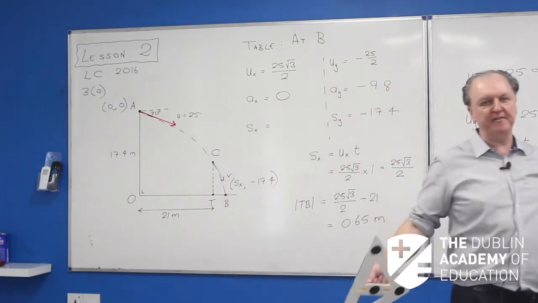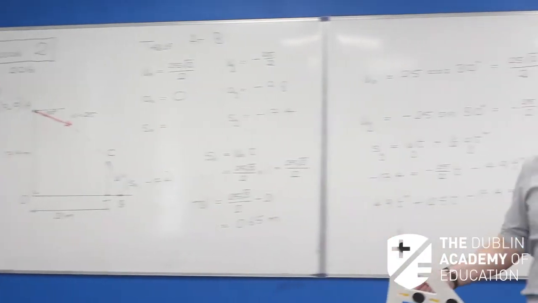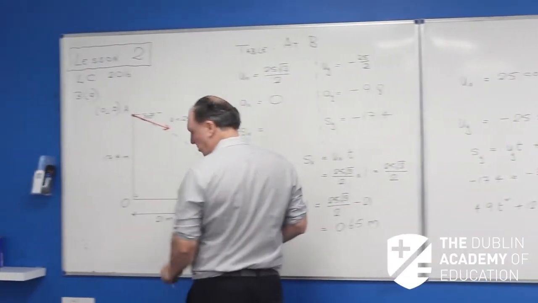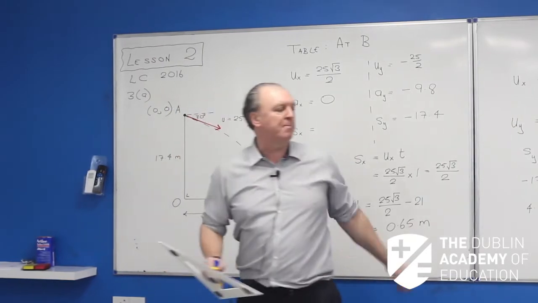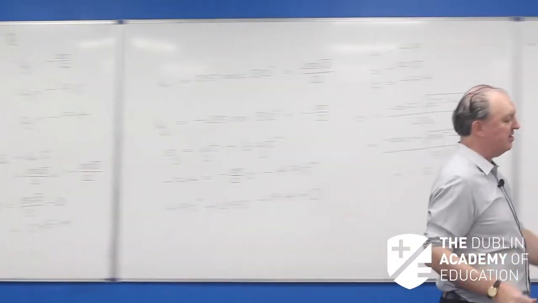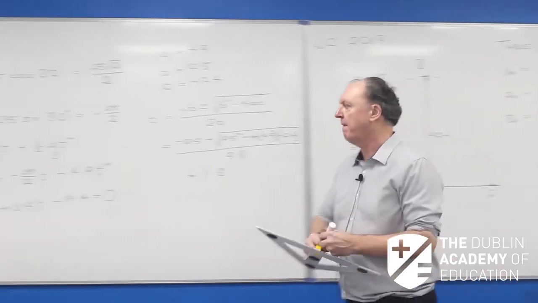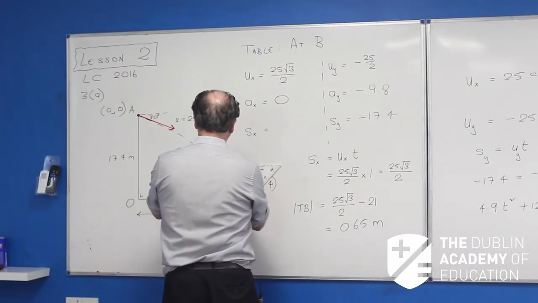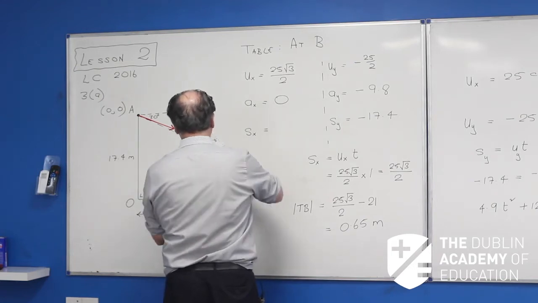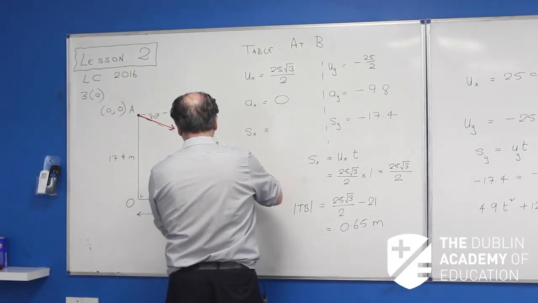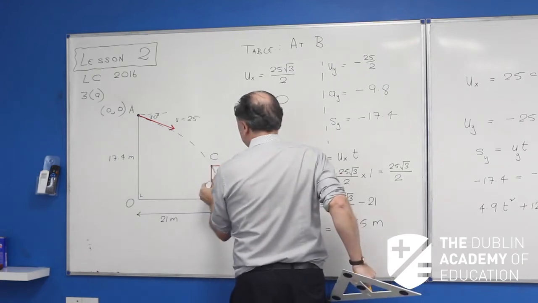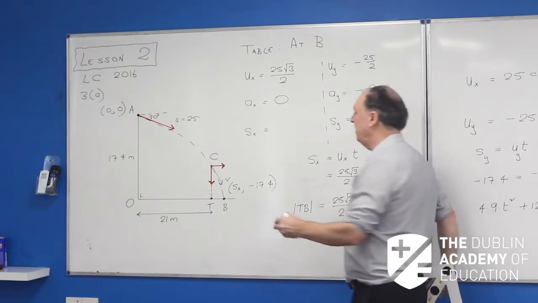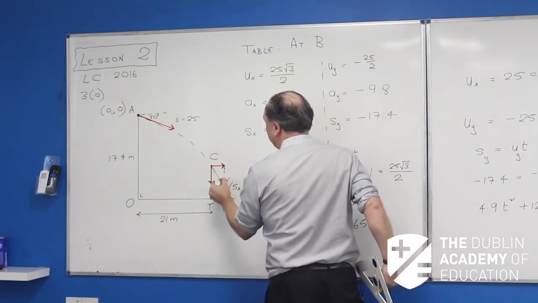Now I can't find v directly, but I can find vx and I can find vy. So I can break that into components. I can break that into a component that goes in the x direction. So here's a component in the x direction and a component in the y direction, just by completing the rectangle around that blue vector.